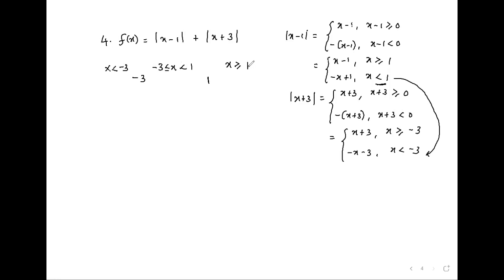And so, if x is less than negative 3, it is a must. If you find a number less than negative 3, then just know that the same number is less than 1, which is true.